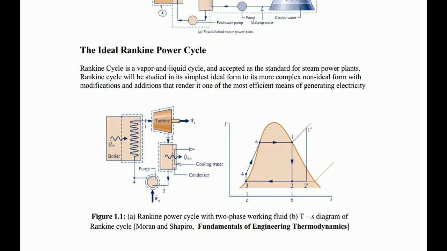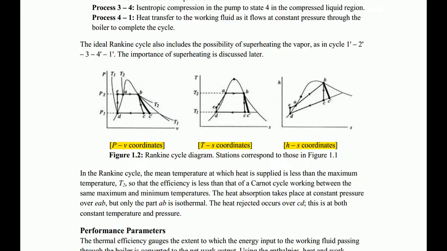So we need to subtract that pump work from the turbine work and you will get the net work. So net work output is the difference of turbine work and pump work, divided by the input. What is our input in Rankine cycle? That is heat supplied from state 4 to state 1, the enthalpy rise during the whole conversion of water into steam at constant pressure in the boiler. So that is our input.